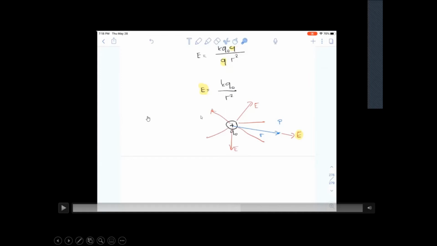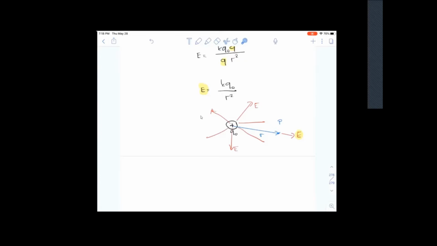Okay, so you will have like 3, 4, 5, 6 different electric field formulas. And every time you look at a formula, make sure that you understand what that formula represents. These formulas are geometry sensitive. If it's a point charge, it's going to be different. If it's a surface charge, it's going to be different. If it's a conductor, it's going to be different. If it's an insulator, it's going to be different. Shape is going to matter. The geometry is going to matter. The relative distance is going to matter.